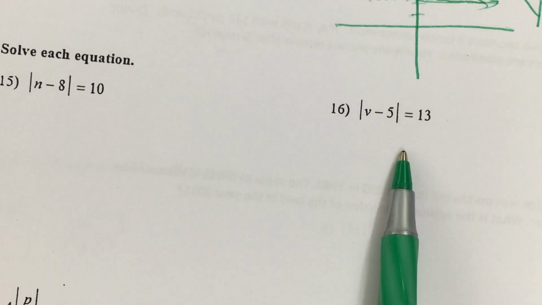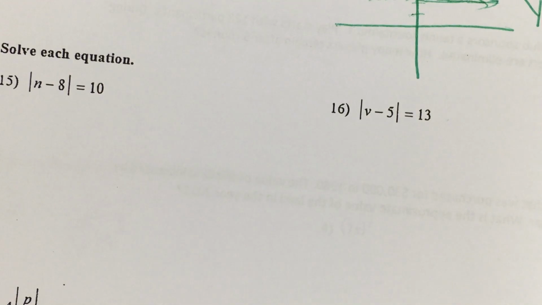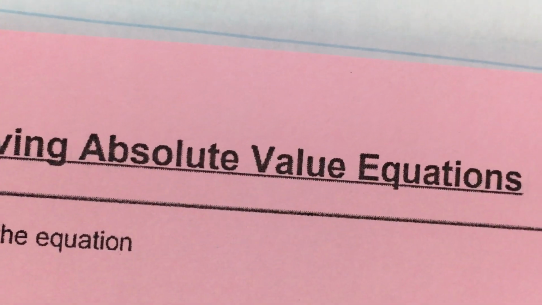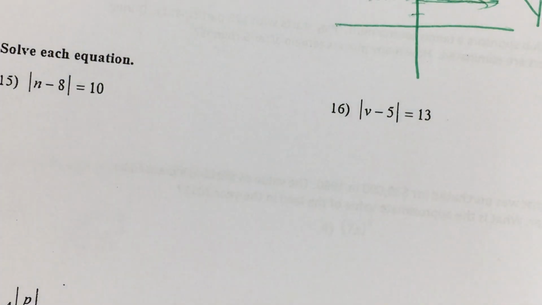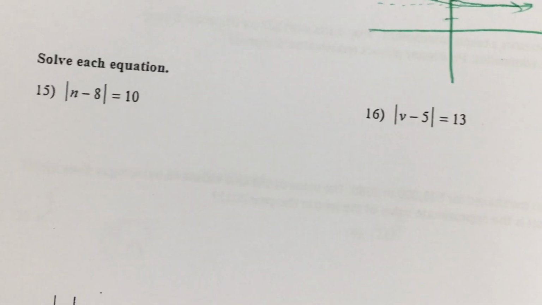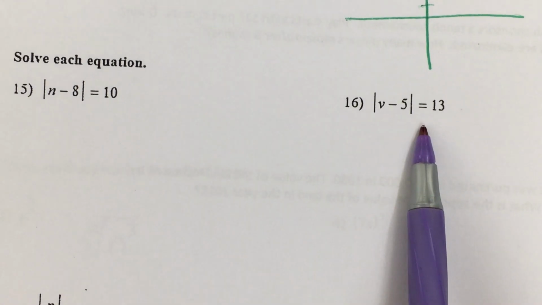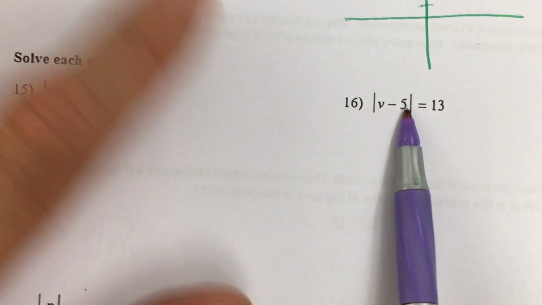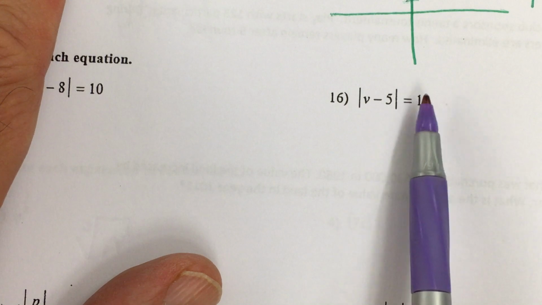Now we're going to talk about solving these guys. This is now the pink note. That one. Solving absolute value equations. I'll do this one. Is my absolute value alone? Yes, it is. Is it positive?